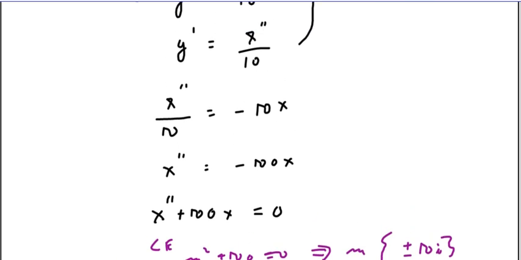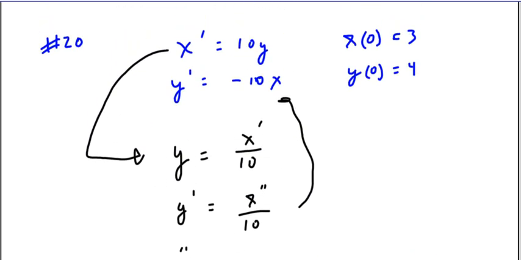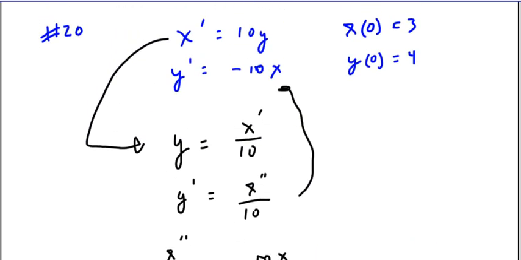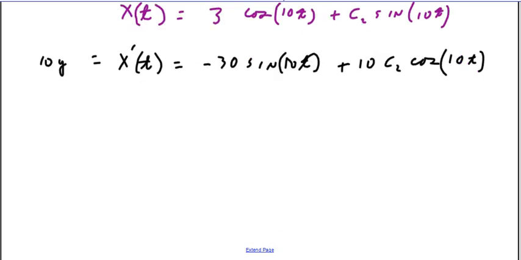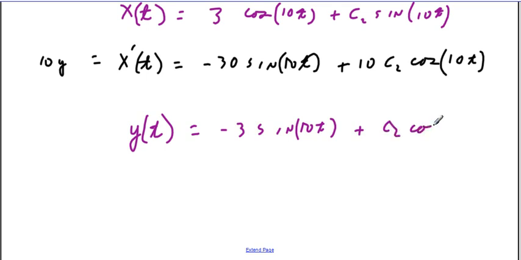But x prime is also 10y. So I've got that y of t is going to equal minus 3 sine 10t plus C2 cosine 10t.